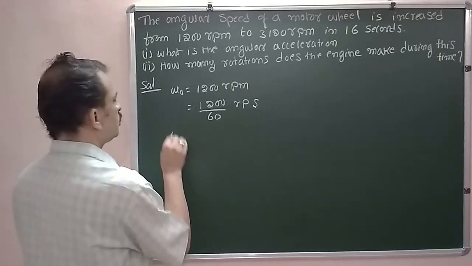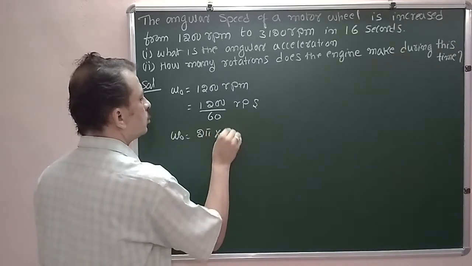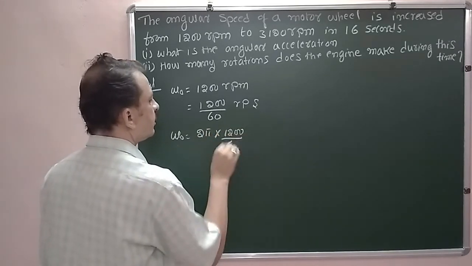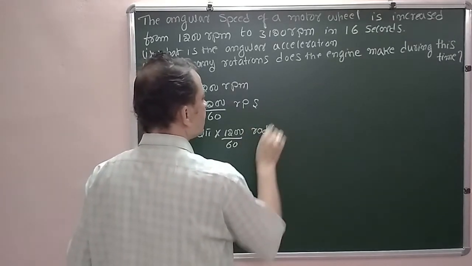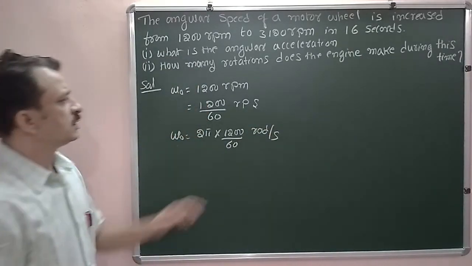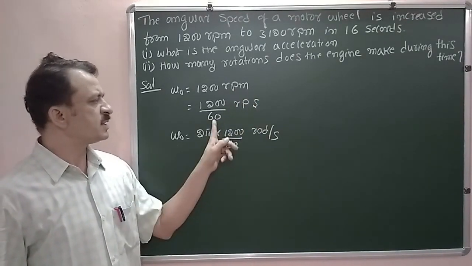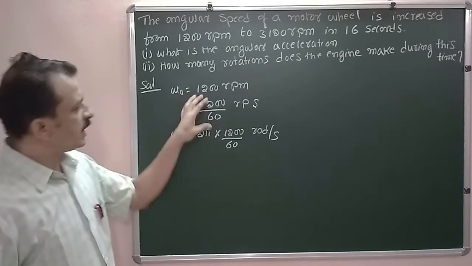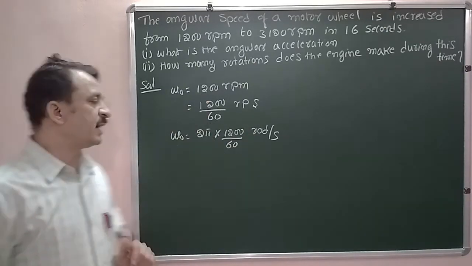Therefore this should be equal to 2 pi into 1200 divided by 60 radian per second. Revolutions per minute is converted to revolutions per second by dividing by 60, and this is converted into radians by multiplying by 2 pi.